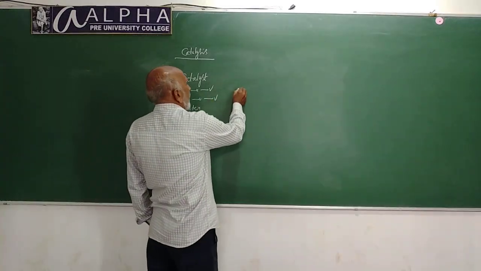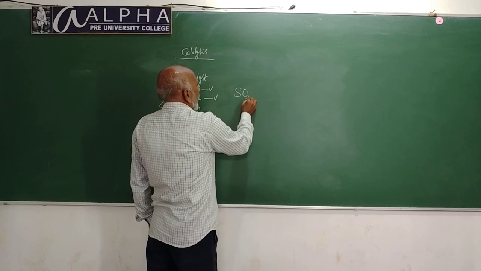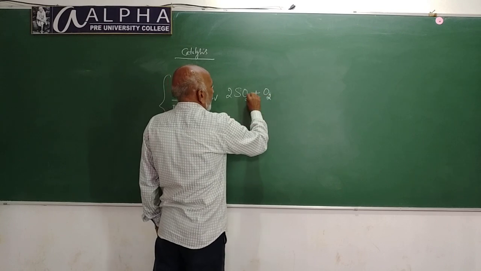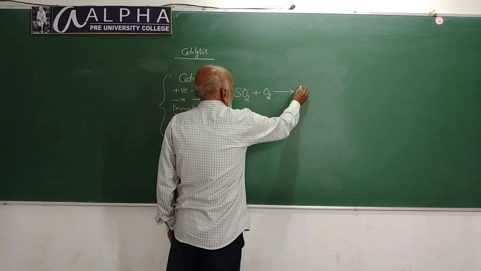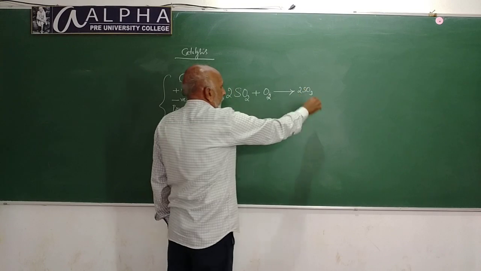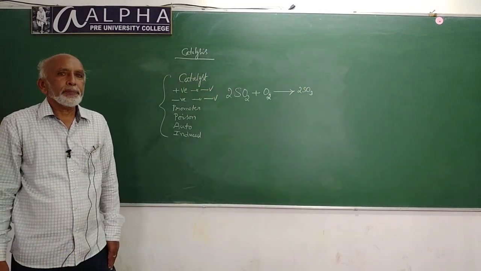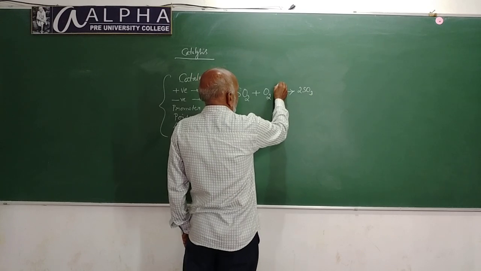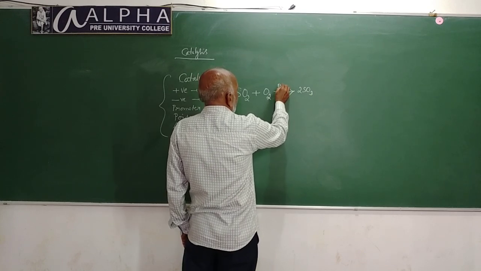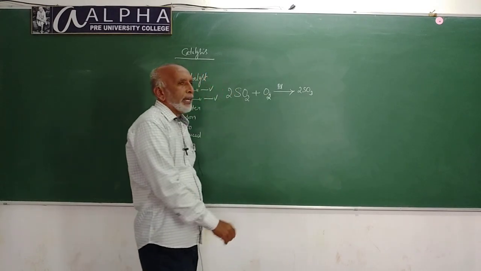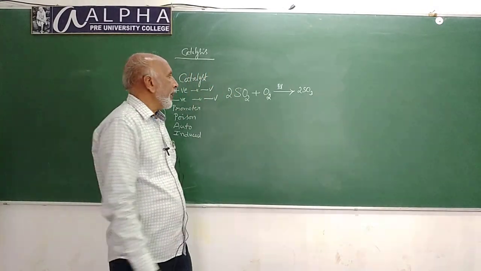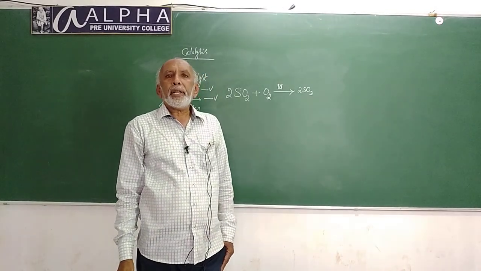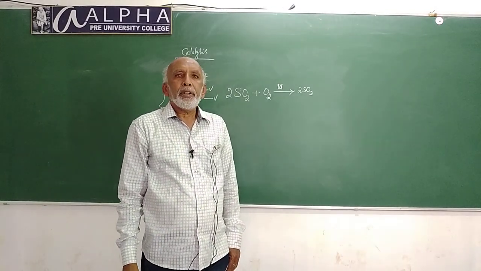In the synthesis of sulfur trioxide by the oxidation of sulfur dioxide in the contact process, platinum or palladium is used as catalyst, sometimes platinized asbestos is used.